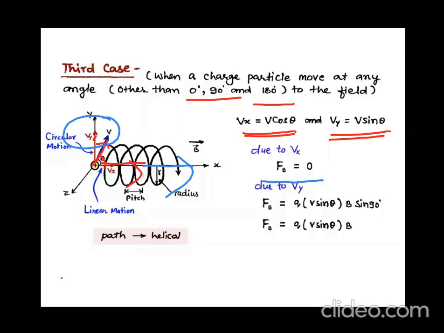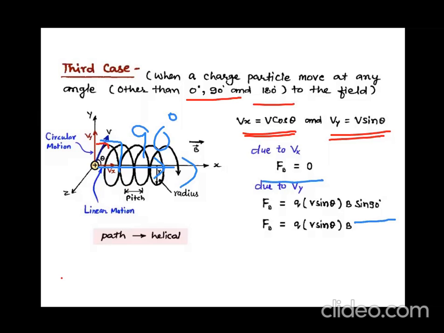Vy, if you see carefully, is making an angle of 90 degrees with the magnetic field B, because the magnetic field is along the x-axis. So children, that angle will be sine theta.